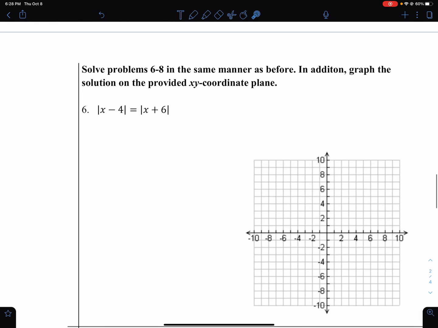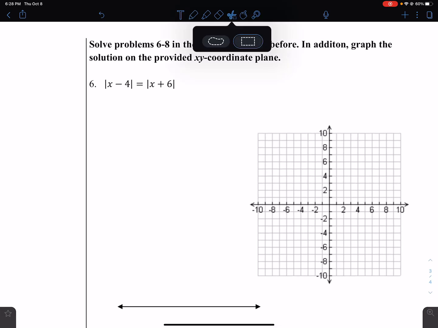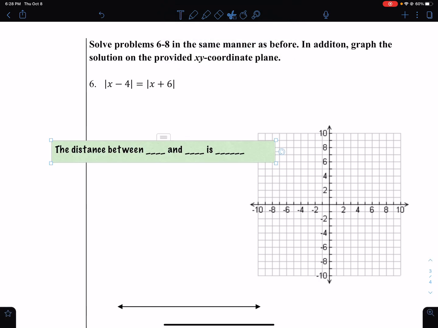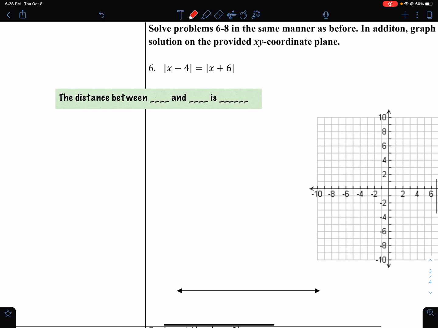So moving forward, now we're going to move on to some more complex equations where we have absolute values on both sides. If we think about a sentence here, on the left side we do see a minus sign. So this is exactly representing the distance between x and 4.